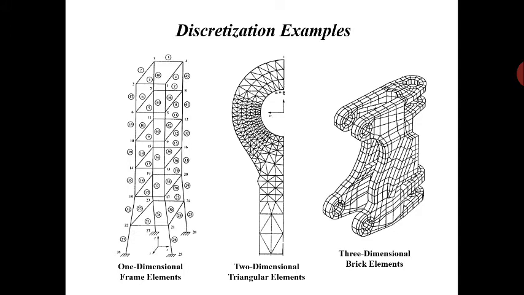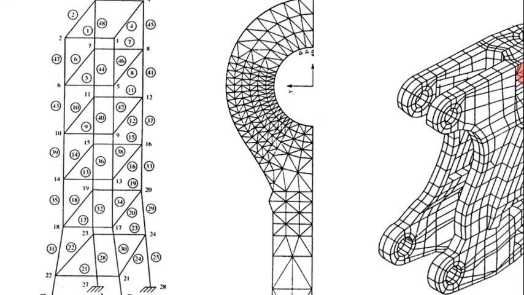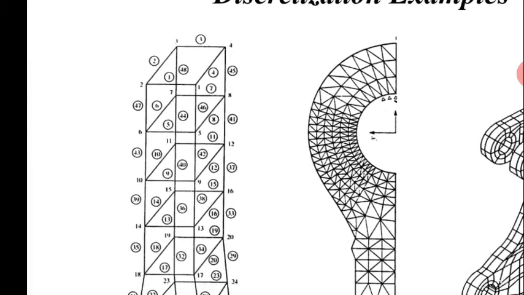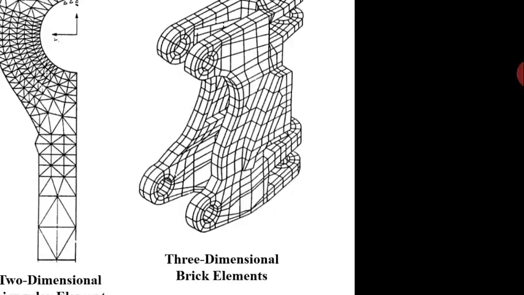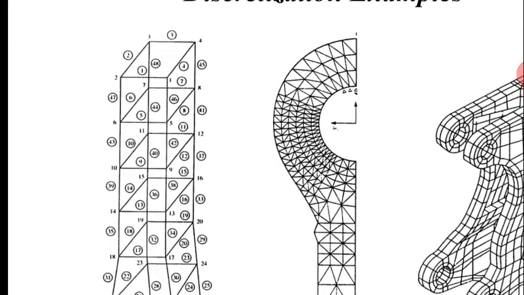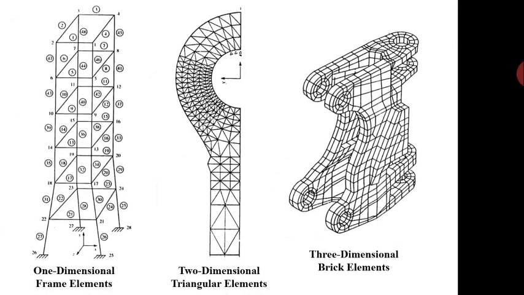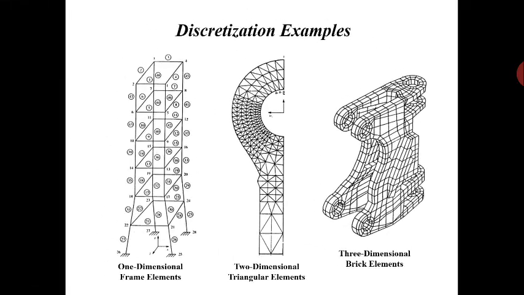Next is the two dimensional triangular elements, and here we can see the meshing varies according to the stress concentration. It is also possible to have different meshing at different points of contact or points of concentration as per our requirement.